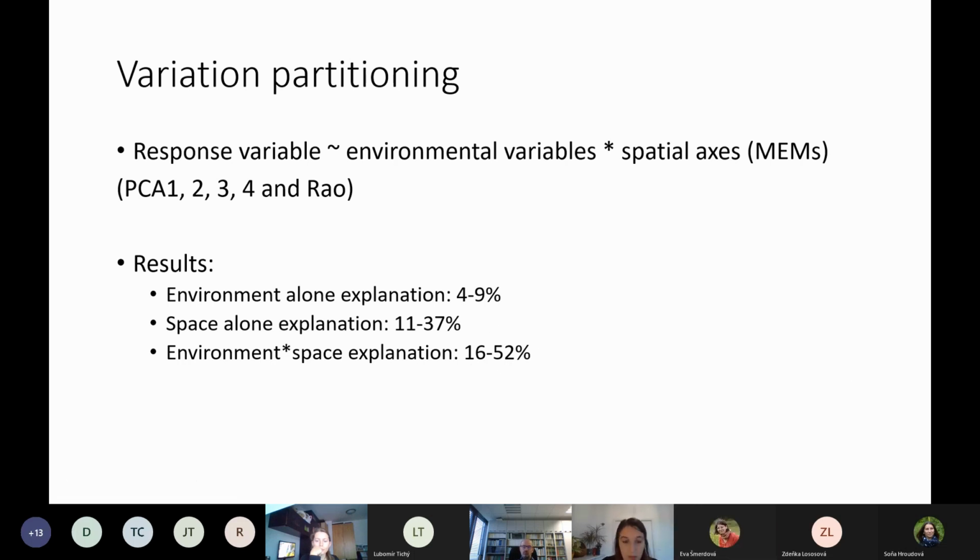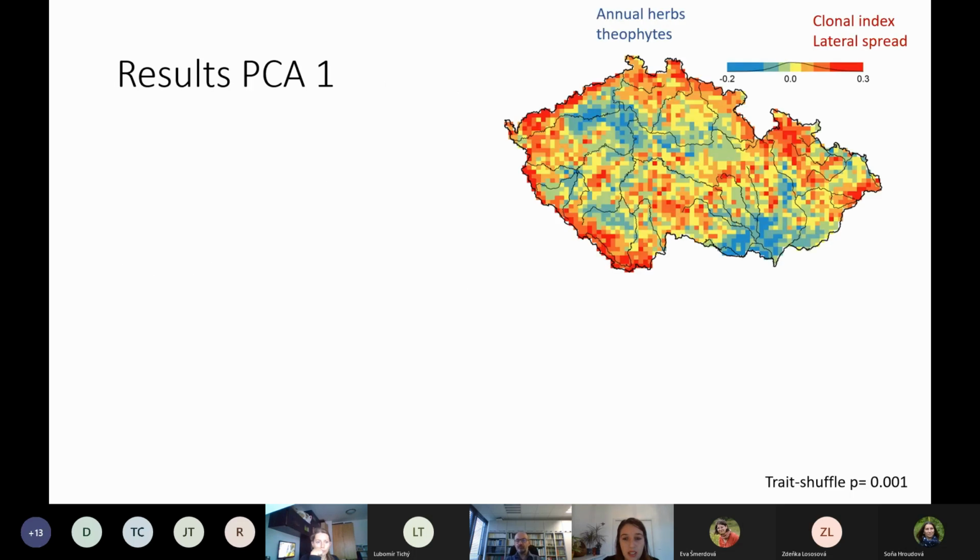So here I prepared a small presentation of each one of the axes, what's going on, to understand a bit better. Here is axis 1, where we have the map.